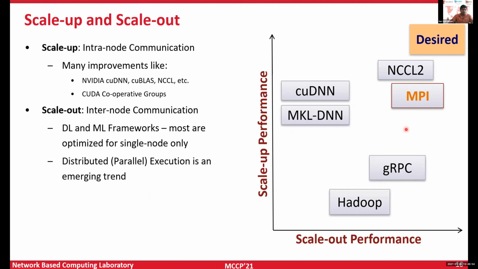This is where the concepts of scaling up, as in using all the compute resources within a node, and scaling out, as in using multiple compute elements, come into the picture. There are different frameworks available to scale up as well as scale out. What we are trying to do here is, can we use the best techniques of scale up and scale out to achieve the best training performance for data parallel and model parallel methods?